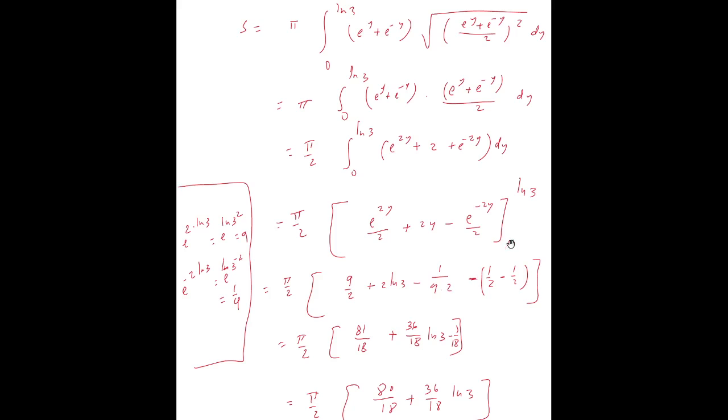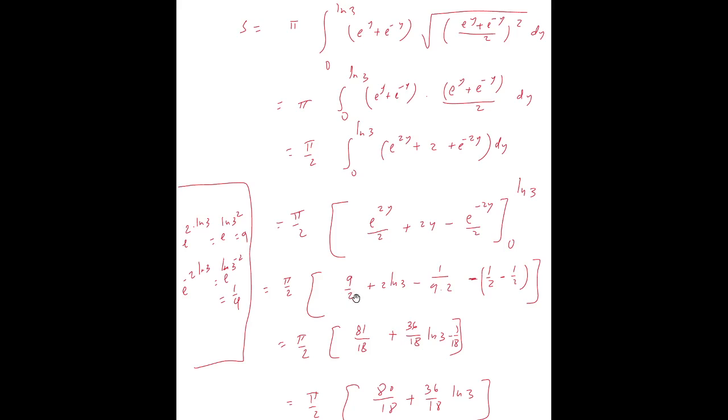Minus, now you have to put y equals 0. E to the power 0 is 1, so it will be 1 half. 2 times 0 is 0. Minus e to the power 0 is 1, it's also 1 half. So 1 half minus 1 half will be cancelled out. So this is the expression we're going to get. And now we need to simplify this. As you can see, we need the common denominator.